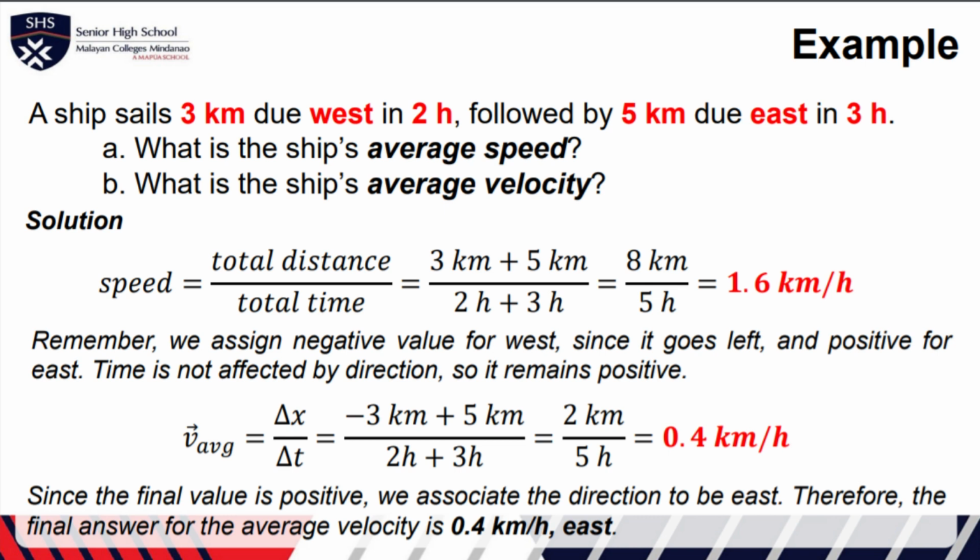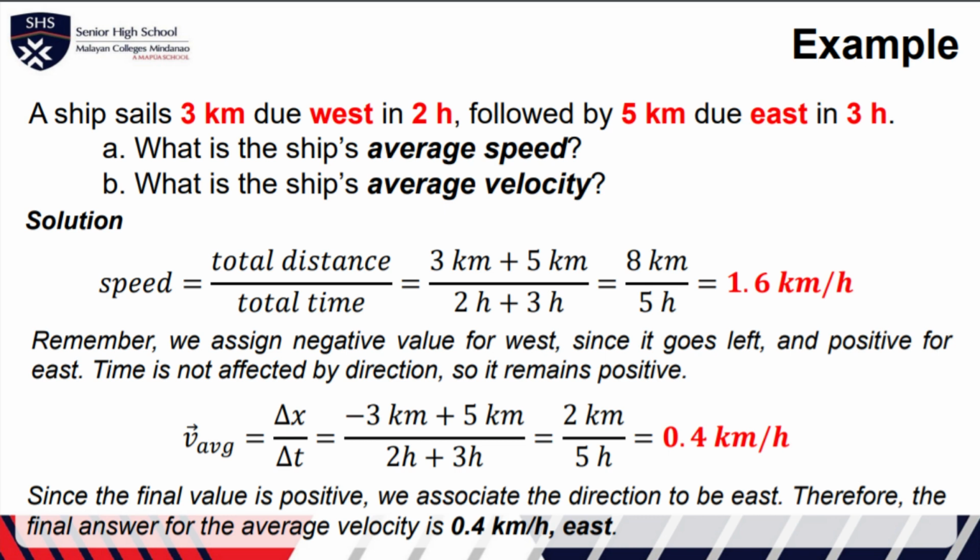For the total distance, there are two distances that are given in the problem, which are the 3 kilometers and 5 kilometers. And for the time, there is 2 hours and 3 hours. We just need to perform the operations, giving us 8 kilometers over 5 hours. Now, you just need again to do the operation.